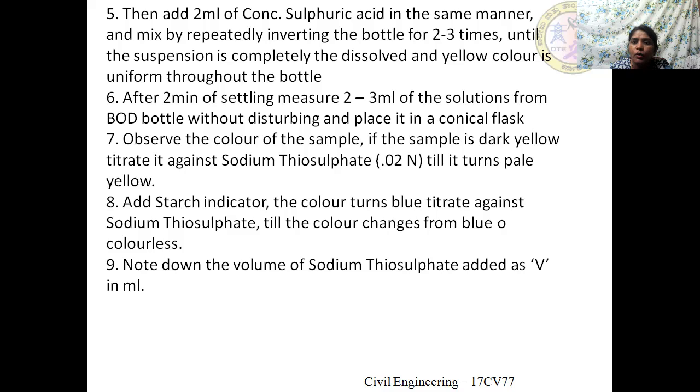And slowly you add concentrated sulfuric acid. Once it is added, you are going to remove the pipette, close the stopper, turn the bottle upside down 2 to 3 times so that proper mixing is done, and you keep this bottle for settlement for a period of 2 to 3 minutes until the suspension is completed.